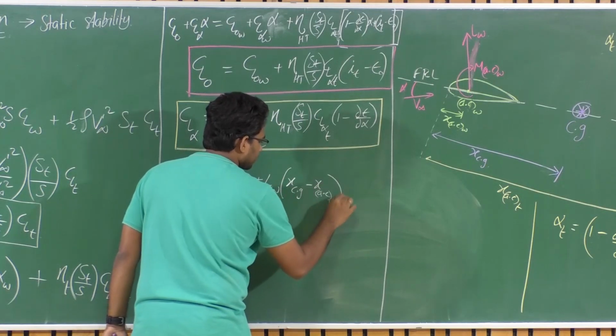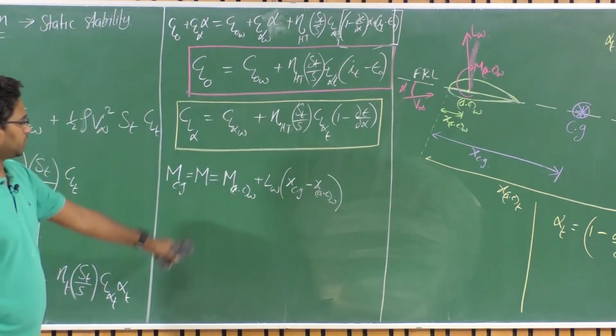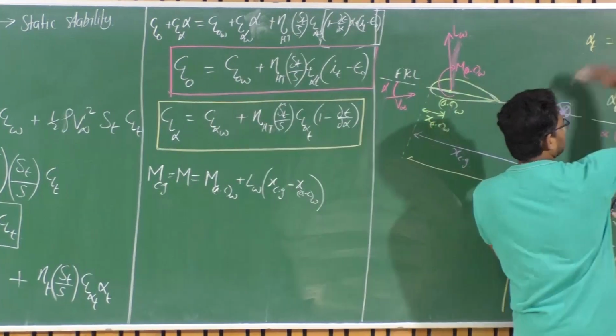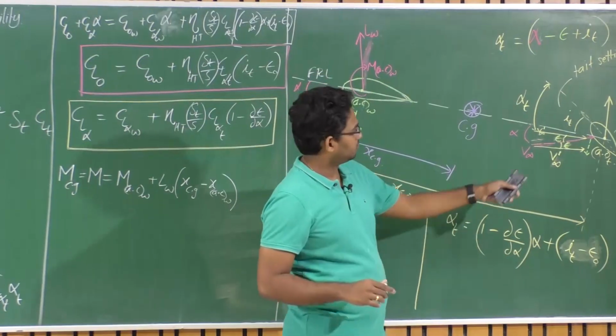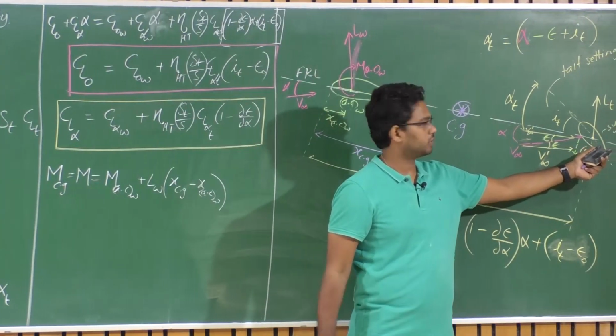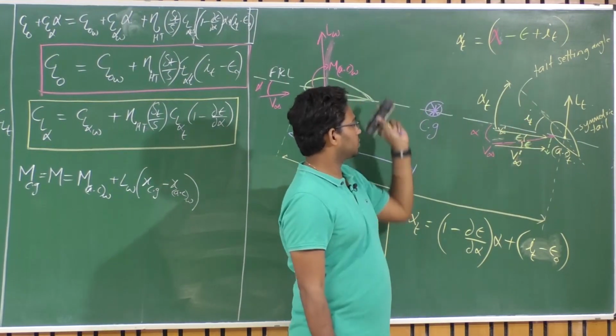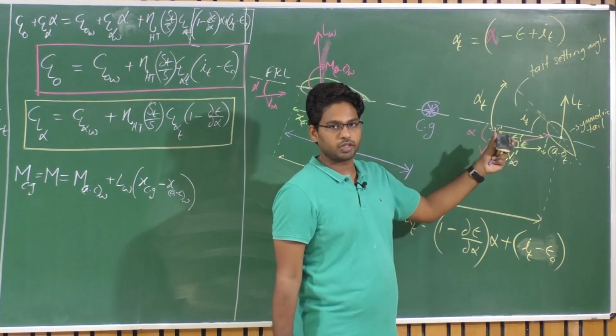So this is the pitch up moment because of the wing, and then the tail has a lift. There is no pitching moment coefficient about the aerodynamic center of the tail because of its symmetric nature. So we have lift at the tail that contributes towards nose down moment. So that's a negative moment, right?